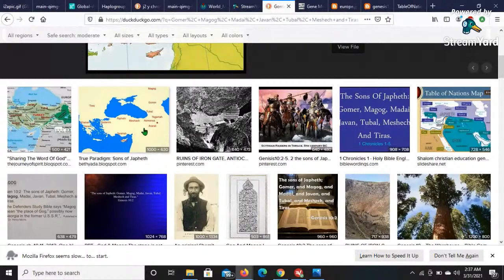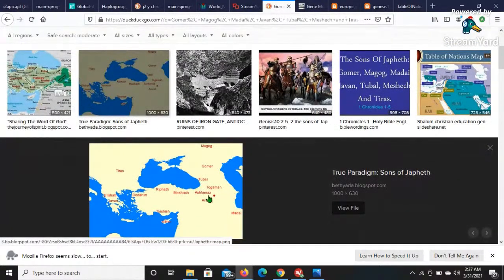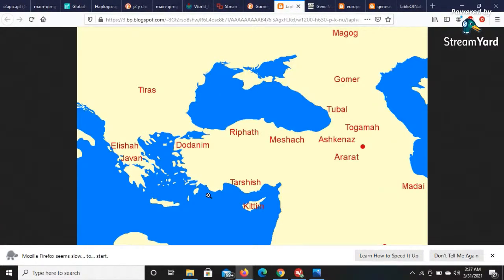Let's see what this one says here. Okay, we got Javan, Meshach, Tarshish, Tubal, Gomer, Magog. Okay, that's similar. So let's try to see if we can relate this.